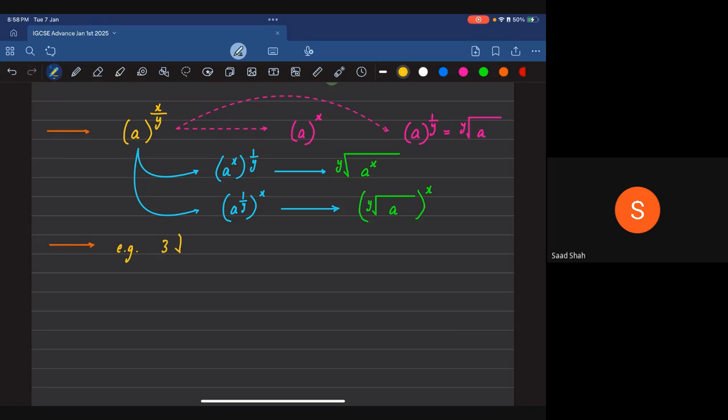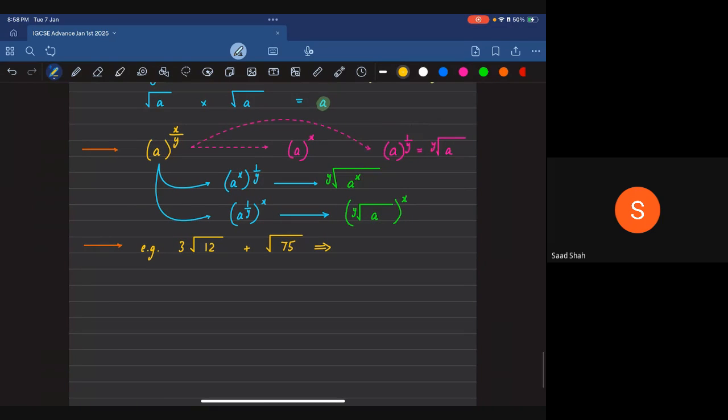I think I did this in my class. I don't think it was you guys though. 3 under root 12 plus under root 75. And this is a past paper question, by the way. I think it came in paper 2 a while ago. It's an older question. What will you do?